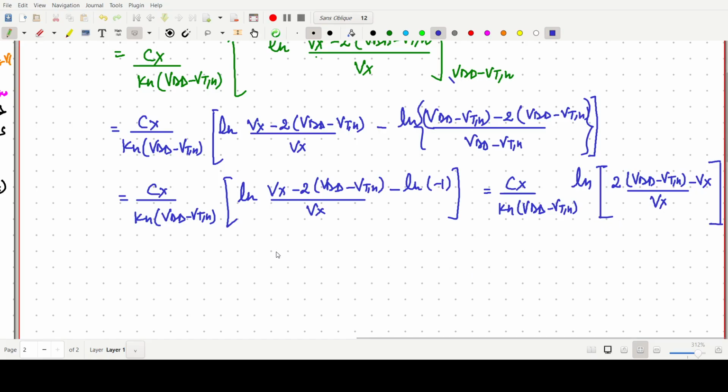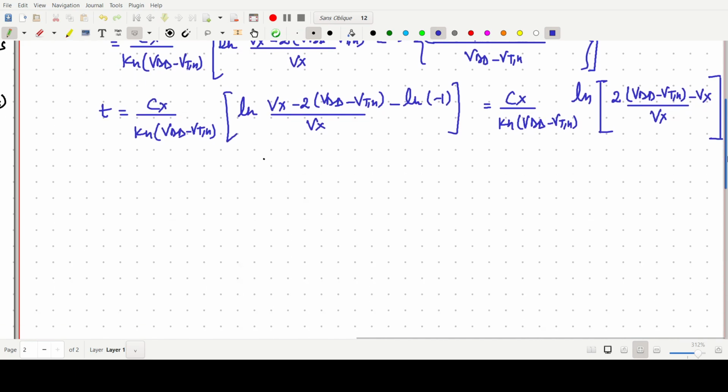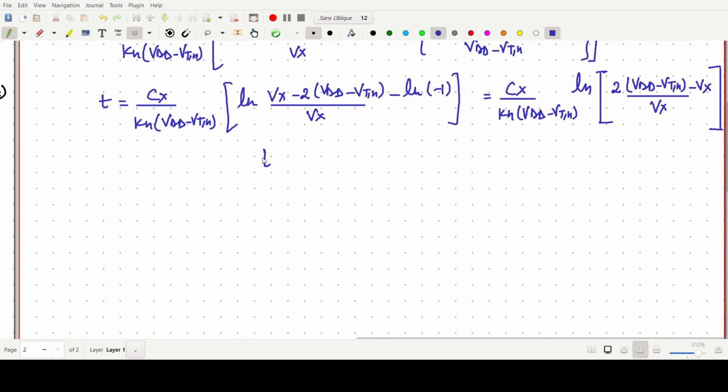Okay, so the value of t, what we observed, this one is the value of t. I'm using a different color, black.